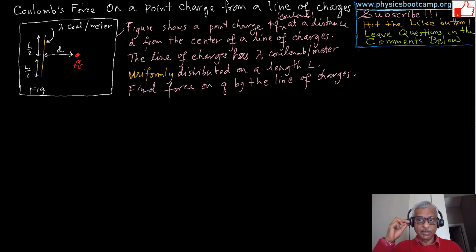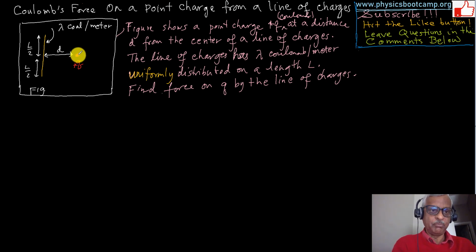Hello everybody. Today we have a very standard problem, and this problem is very critical to understand because almost all the other continuous charge problems follow the same pattern. So what we have is a point charge here.